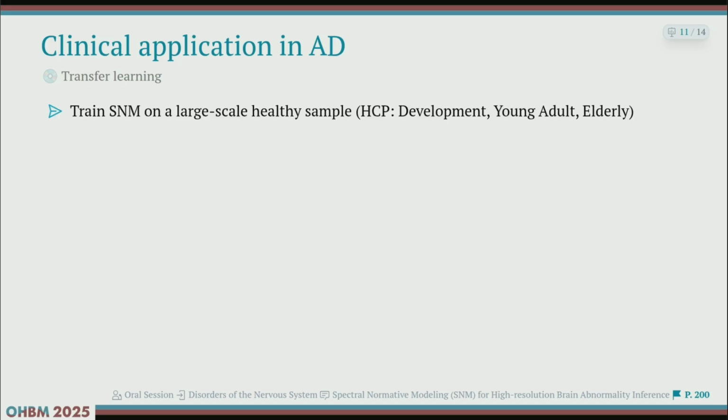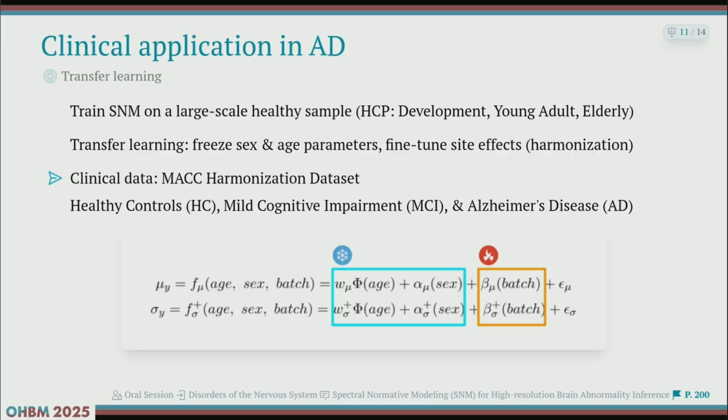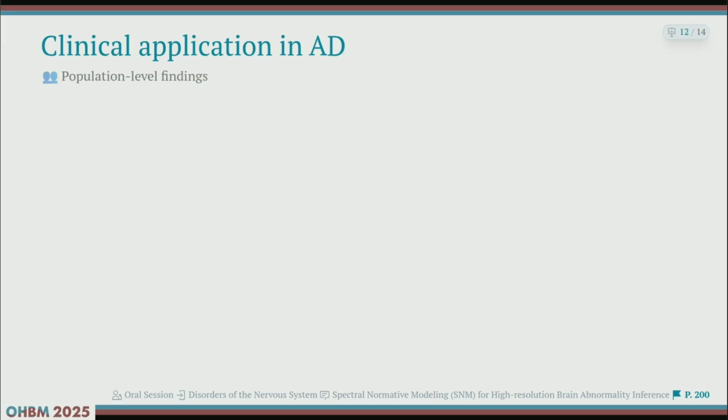So essentially, after training a model on healthy individuals to learn the trajectories of cortical thickness, we utilized the transfer learning capabilities of normative models in general to fit the model into a new data set that was a clinical data set from the MACC harmonization data, and it included 3 cohorts: healthy controls, people with mild cognitive impairment, as well as those with Alzheimer's disease. And we wanted to see if the method can reveal stuff for us. And the findings were twofold.